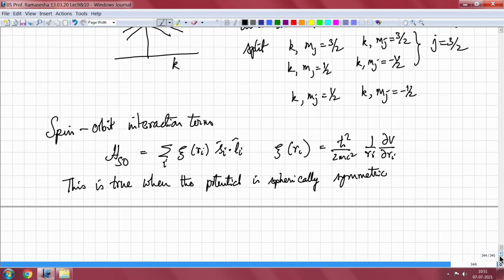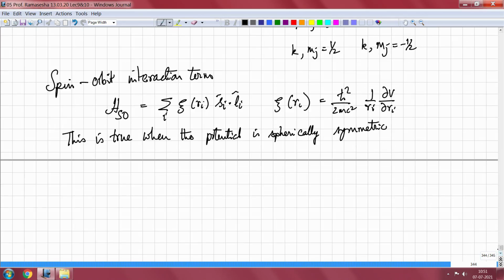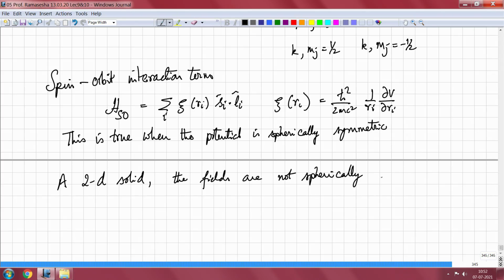But supposing I am dealing with, say, a plane, a two-dimensional solid, the fields are not spherically symmetric, because you have an asymmetry.